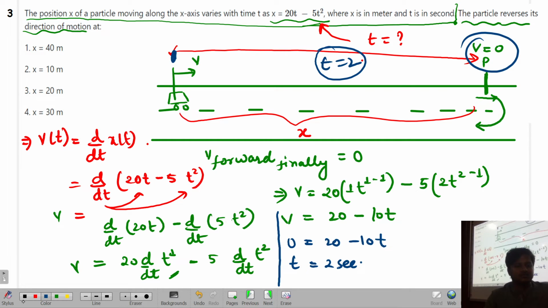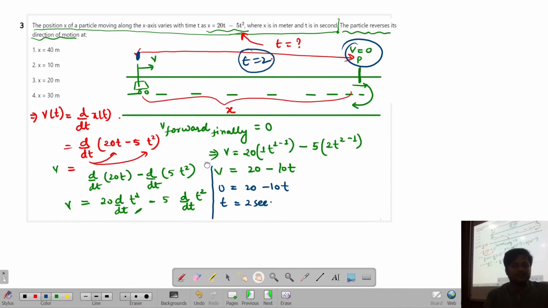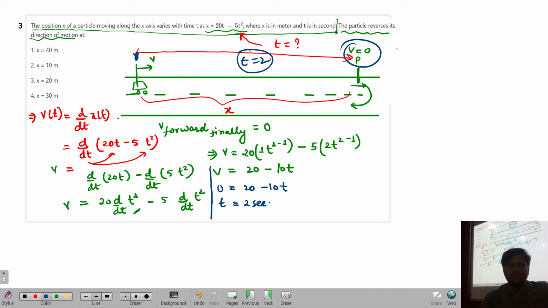So x, I'm just minimizing this. The distance in total time t equal to 2 seconds: we'll have to put 20 and replace the value. That's what we need to do. 20 into 2 minus 5 into 2 square, so that is 40 minus 5 into 4, which is 20.